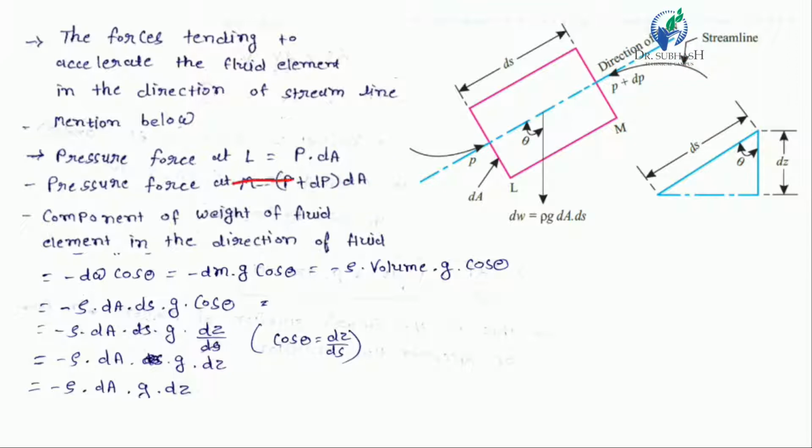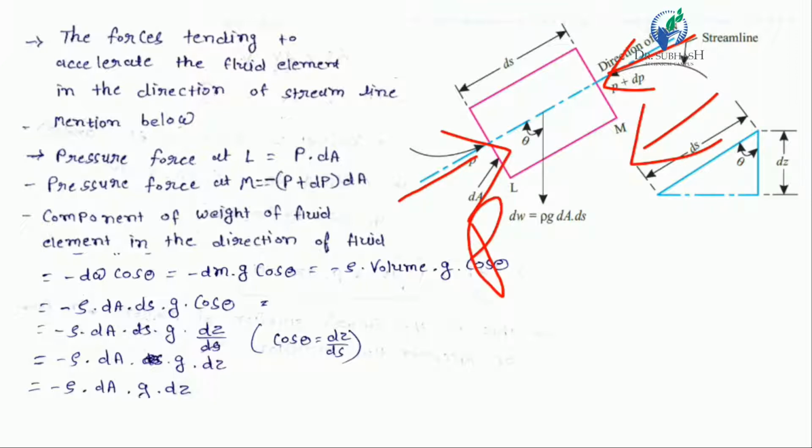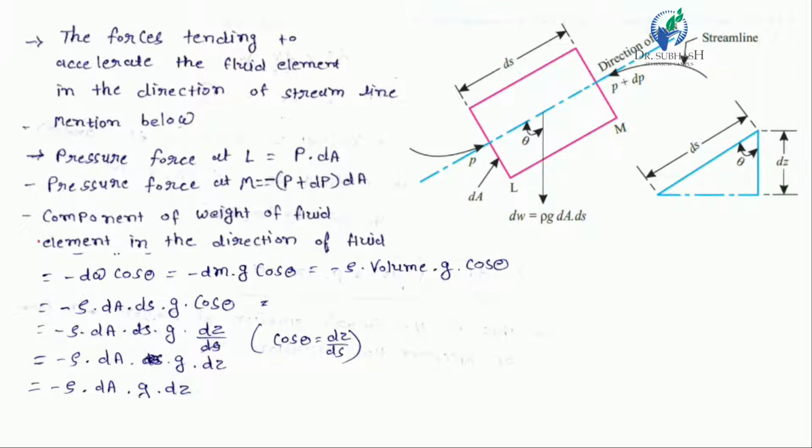But the sign is negative, because the direction of this pressure force is opposite to the flow direction, from M side to L side. So the sign is negative.